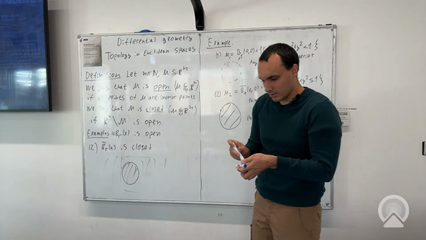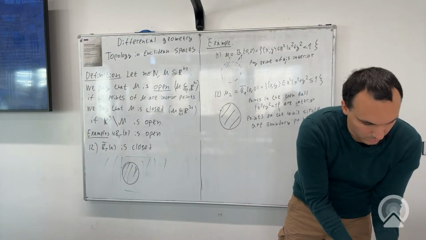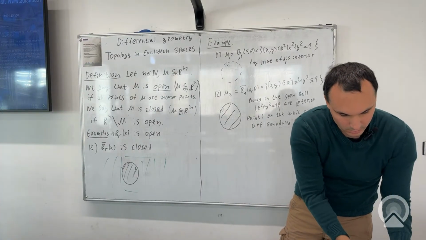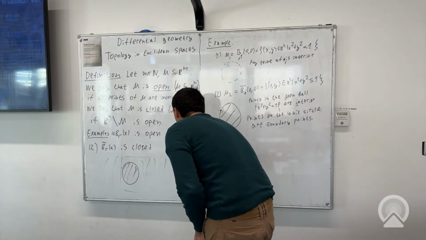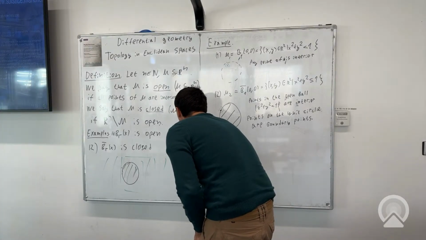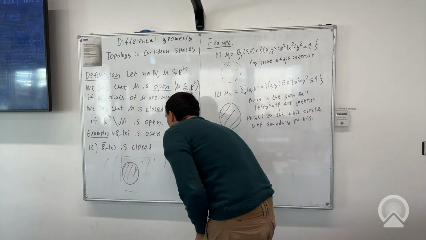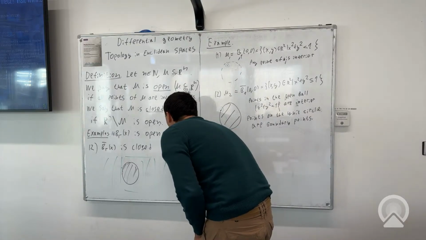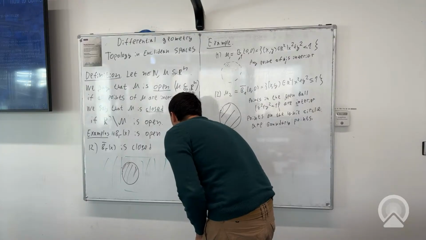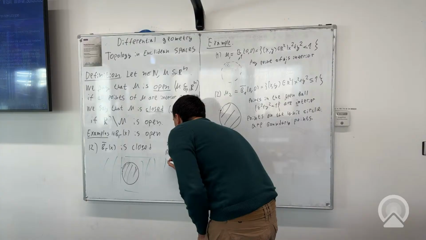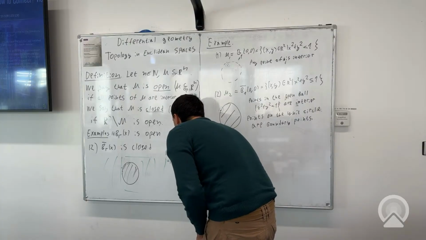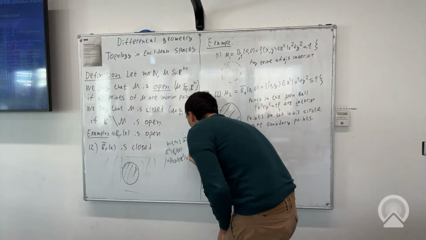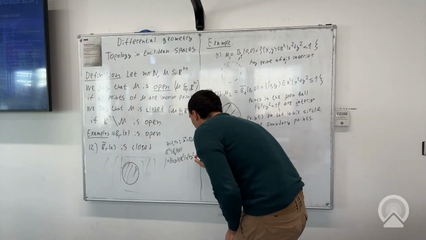Let's write this. So for instance, if n equals 2, r is 1, and x is 0, then R2 minus the closed ball at (0,0) is the set of (x,y) in R squared such that x squared plus y squared is bigger than 1.